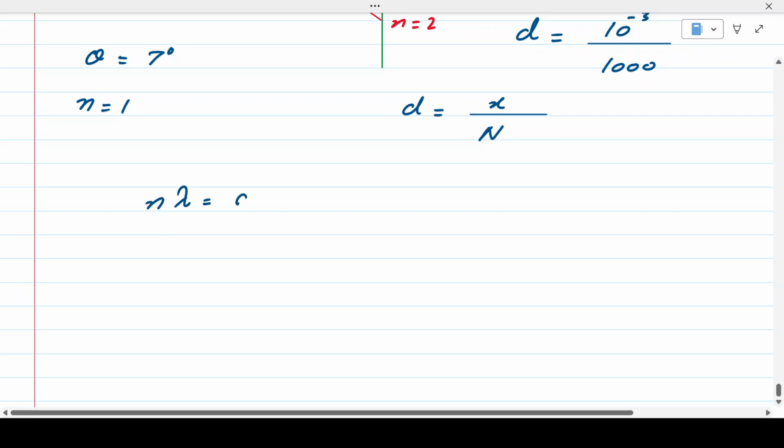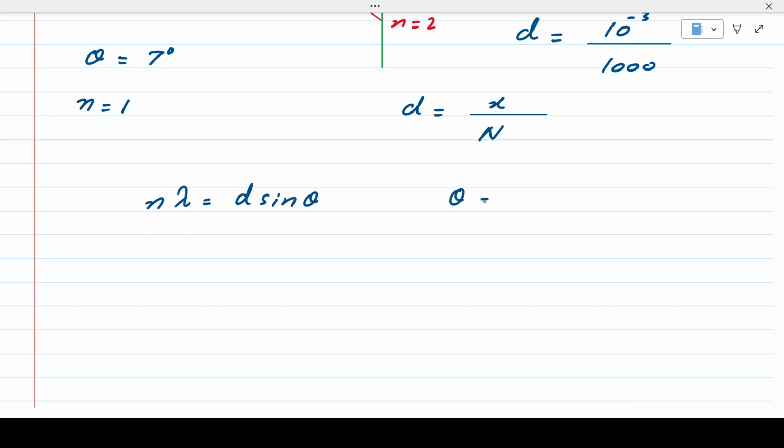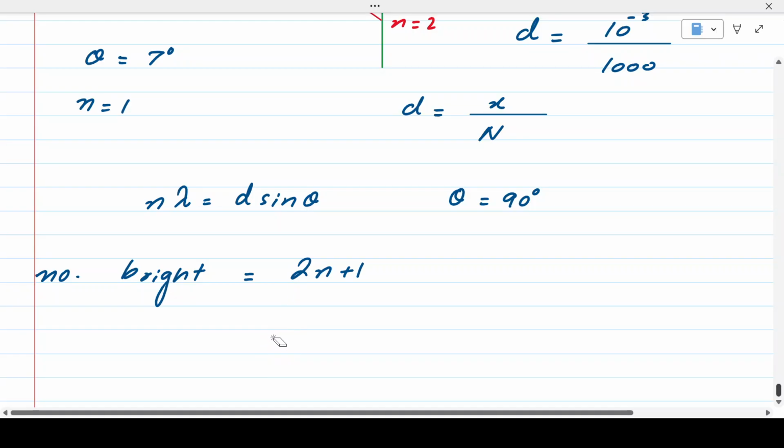In order to find the maximum number of fringes, theta has to be taken as 90. In order to find the total number of bright spots, the formula is 2n plus 1, whatever the value of n is. So let's say the value of n was 5. So 5 at the bottom, 5 at the top, and 1 at the center. So the total bright spots, or total maxima, would be 11.